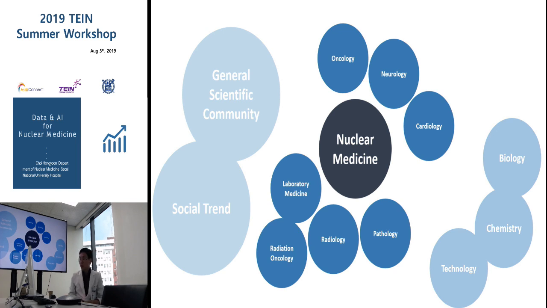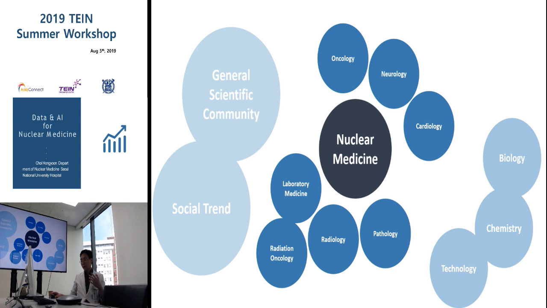As you know, nuclear medicine is affected by several types of medicine and other sciences. For example, nuclear medicine is closely related to clinical sciences such as oncology, neurology, and cardiology. And sometimes we have competitive roles with laboratory medicine, radiology, pathology, or sometimes radiation oncology.